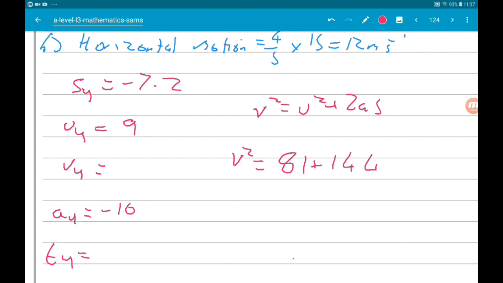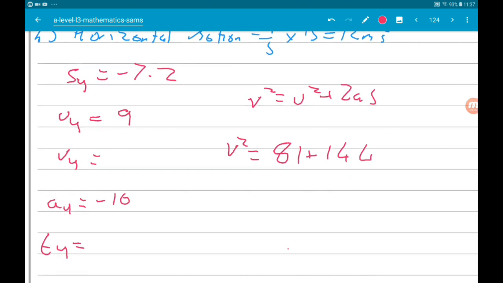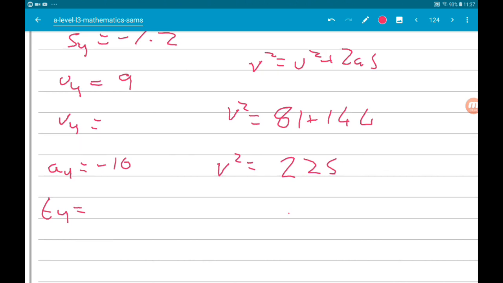So v squared is 225. Therefore, v is 15.